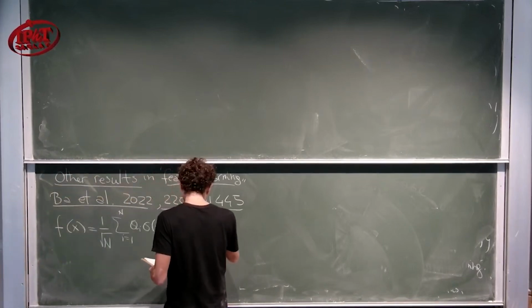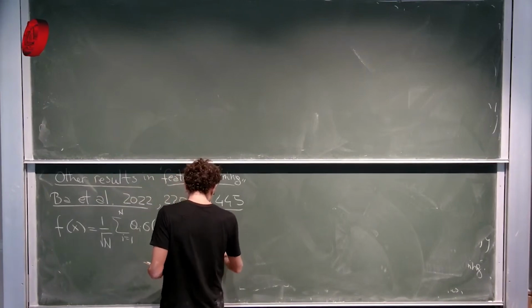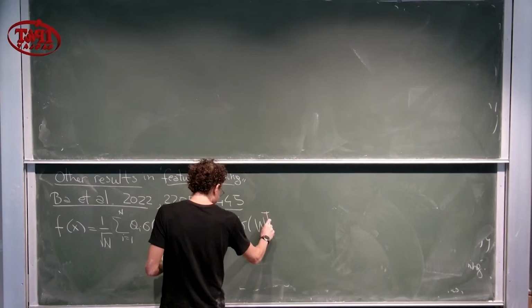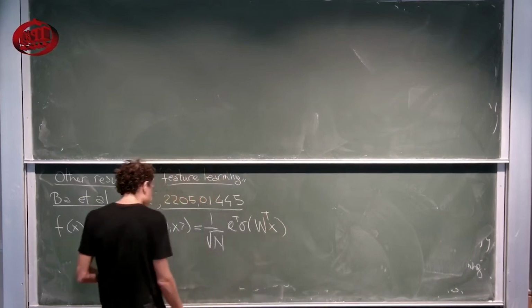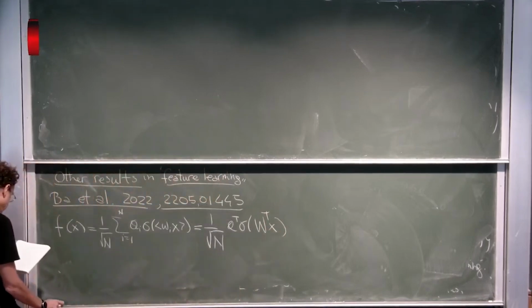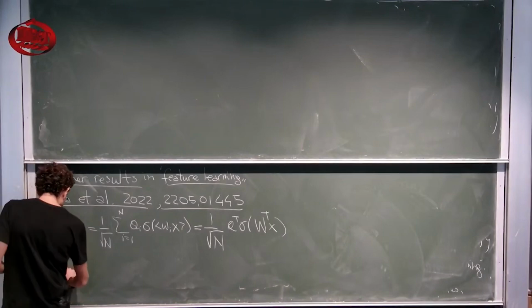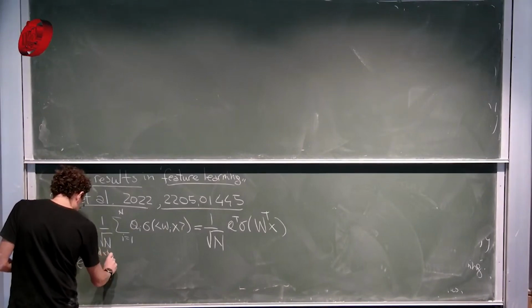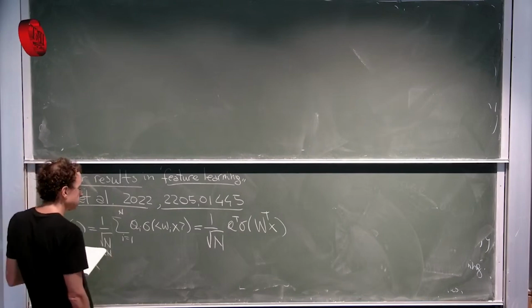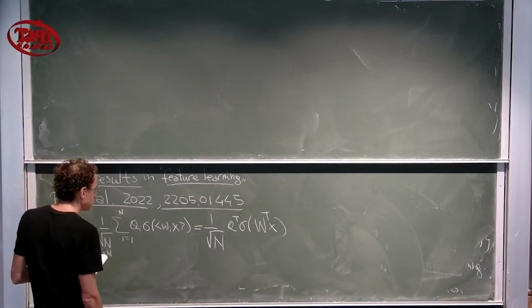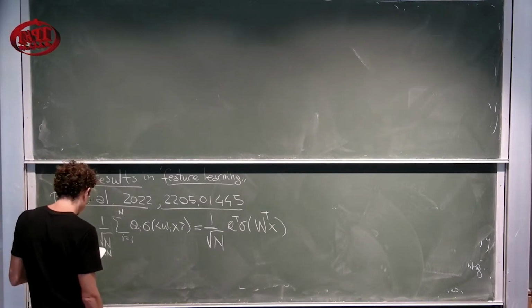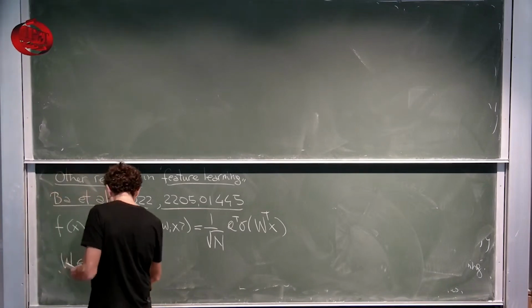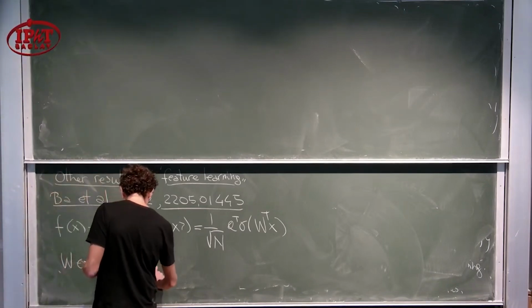And I'm going to write it also as 1 over square root of n times a transpose of the activation of W x, where W is d by capital N, and they look at square loss.